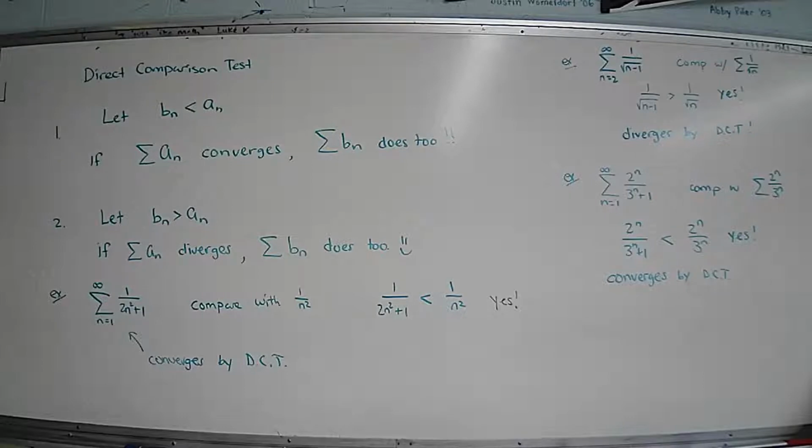Okay? So questions on that? Are we happy with that? Does that seem pretty legit? But you got to have some known convergers and some known divergers in your pocket, right? And you got to know the p rules, and you got to know the geo rules. Those are probably the most popular ones to use.